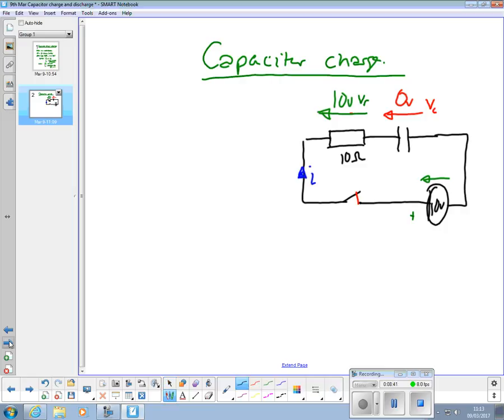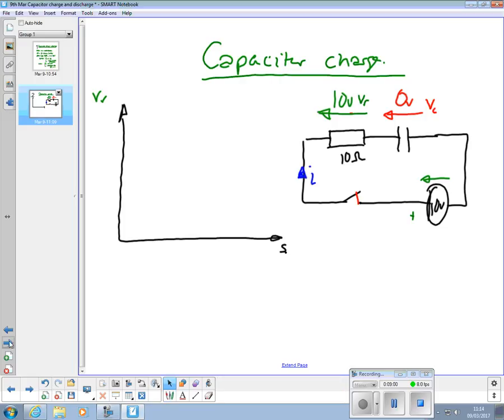What I'm going to do is draw a graph axis, seconds there, and this axis I'm going to use to represent little vR in green, little vC in red, and little i in blue.